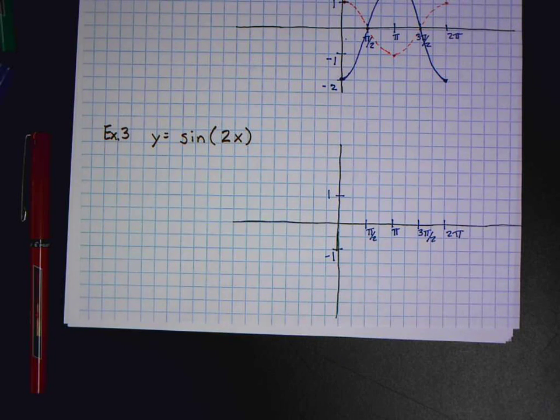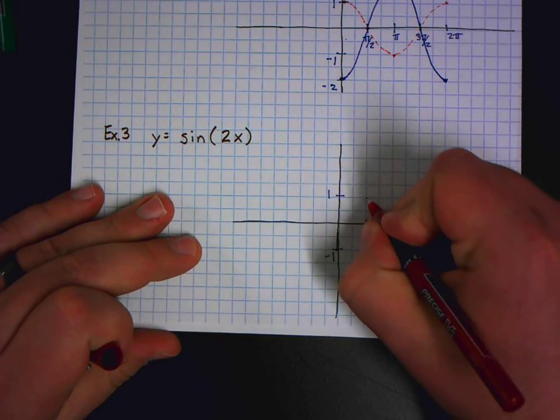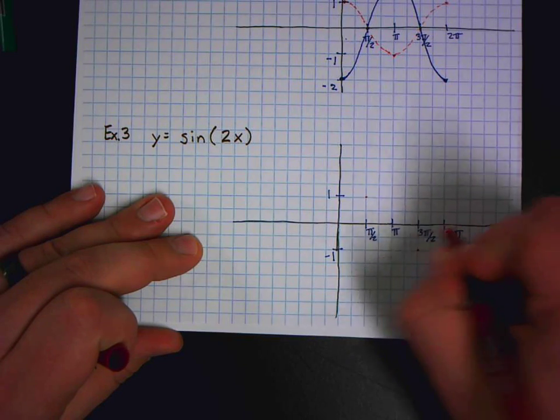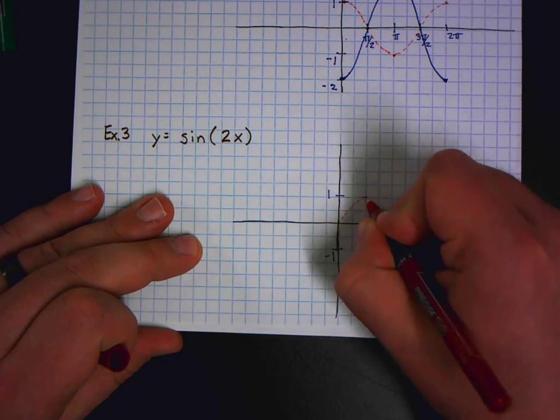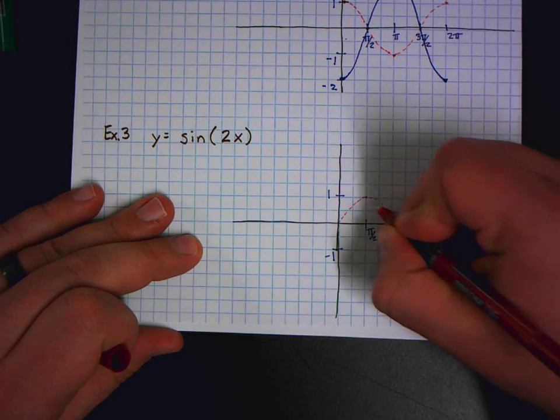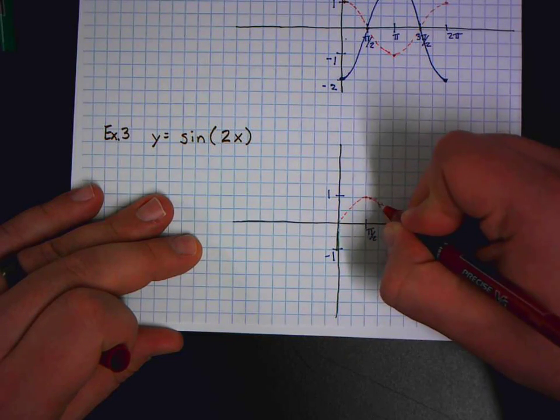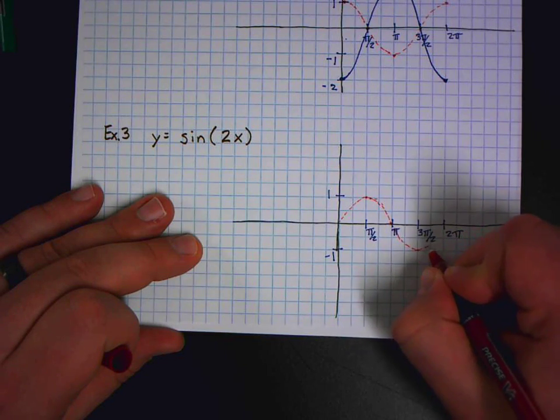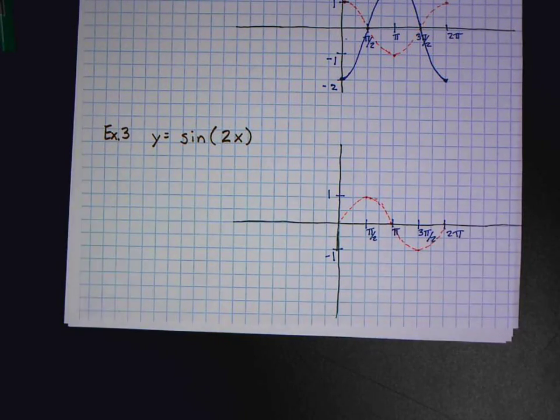Okay, so let's calculate our new period. Let me go ahead and put in my graph the way it should look too, because it helps you see what's happening whenever we do things to the period. Okay, so there's what sine should look like.